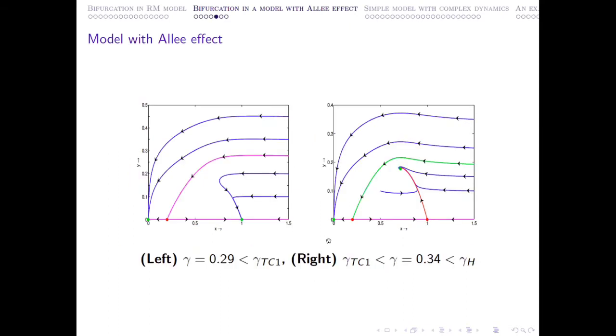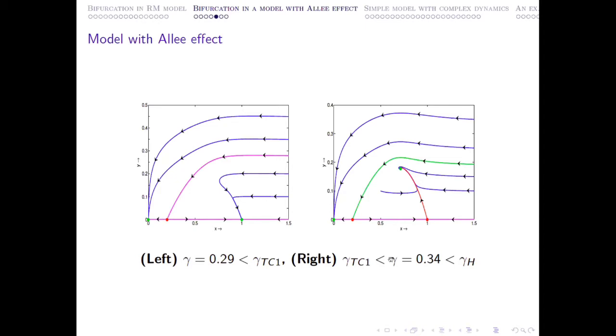And therefore, if you look at some of the phase portraits, this is the phase portrait before the first transcritical bifurcation threshold, when your (1, 0) is stable as well as (0, 0) is also stable, and the stable manifold of the axial equilibrium point (beta, 0) plays the role of separatrix between the basins of attraction of these equilibrium points.